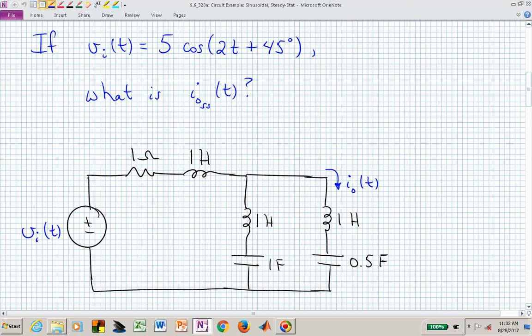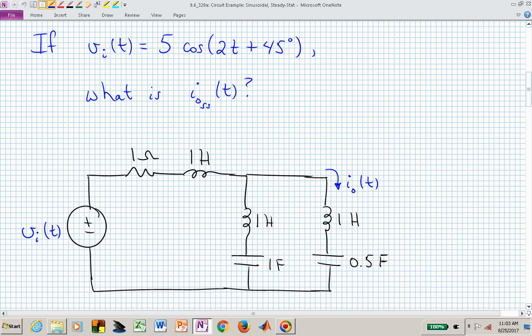We want to find how this output current in the rightmost branch will oscillate if we excite this circuit with a voltage waveform of 5 cosine of 2t plus a phase shift of 45 degrees. We want to figure out what is I sub 0 of steady state.